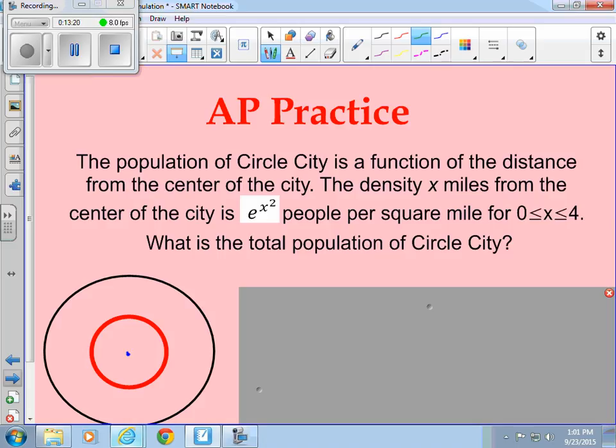The population of Circle City is a function of the distance from the center of the city. The density, x miles from the center of the city, is e to the x squared people per square mile. What is the total population of Circle City?